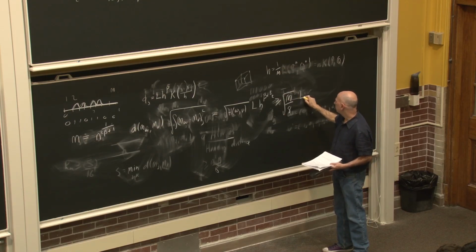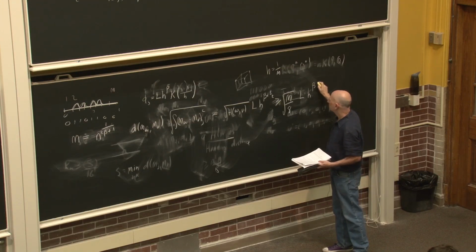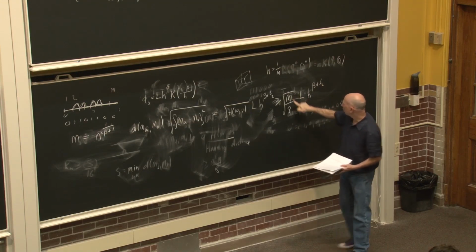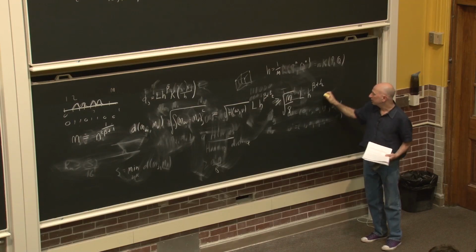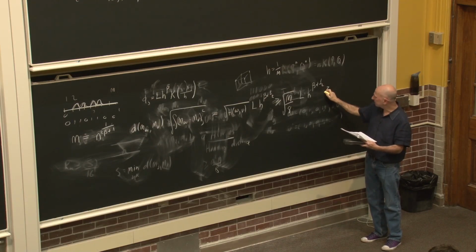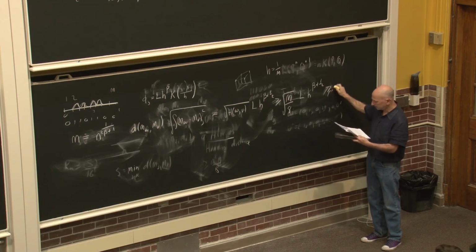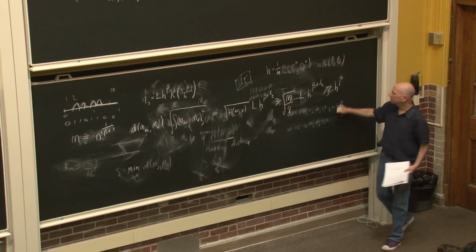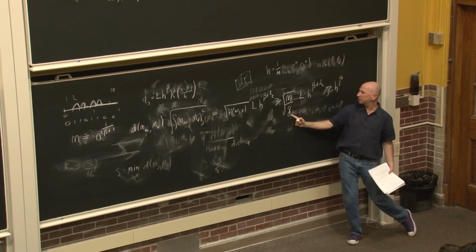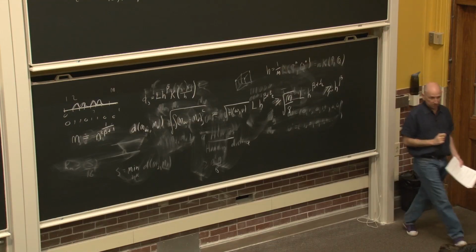And this is L, and this is h to the beta plus a half. But this is 1 over 8, and m is 1 over h. So we get, at the end, some constant times h to the beta. Because this is 1 over h, and it's the square root, so it cancels out.